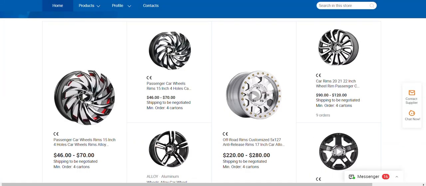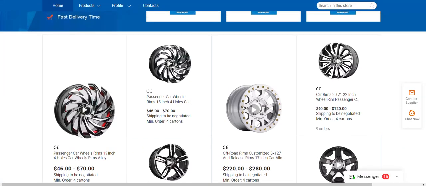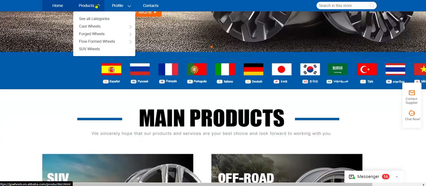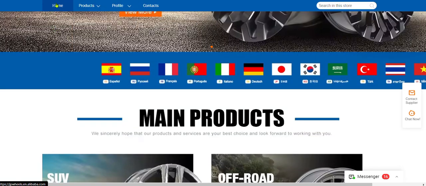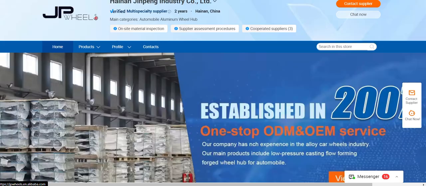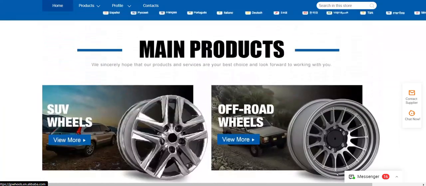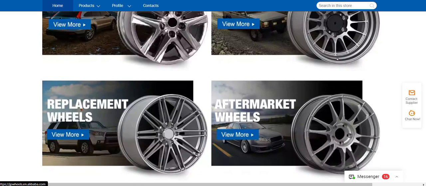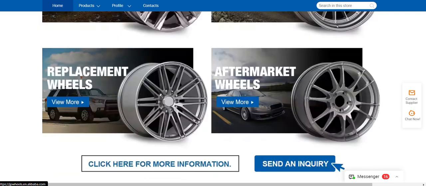Before we look at their products in detail, coming to home, we can check main products. Here we have SUV wheels, off-road wheels, replacement wheels, and aftermarket wheels.